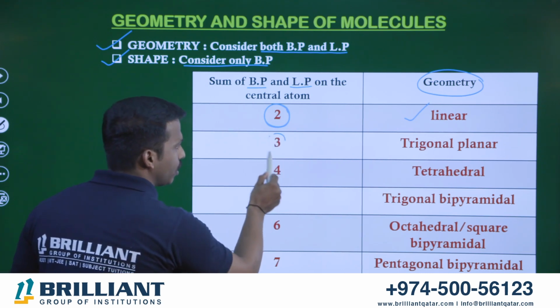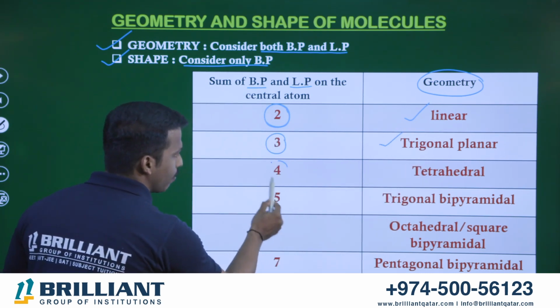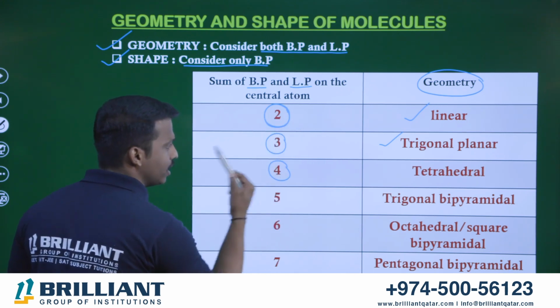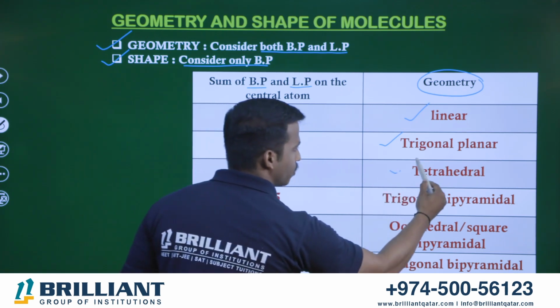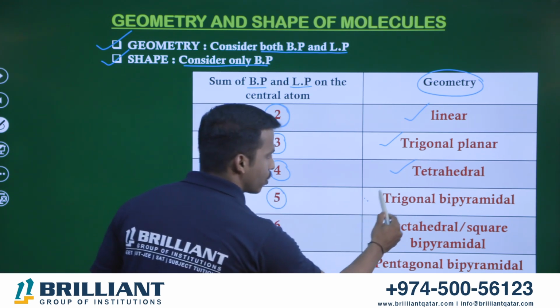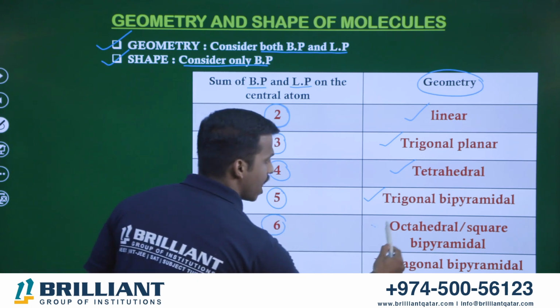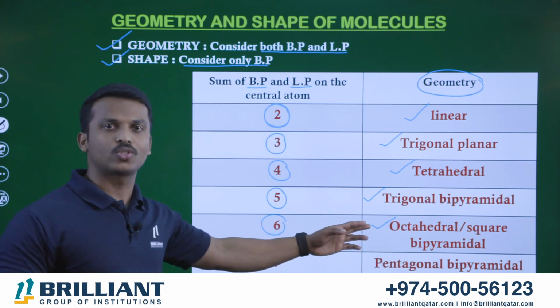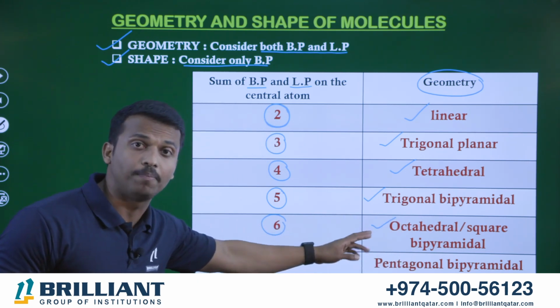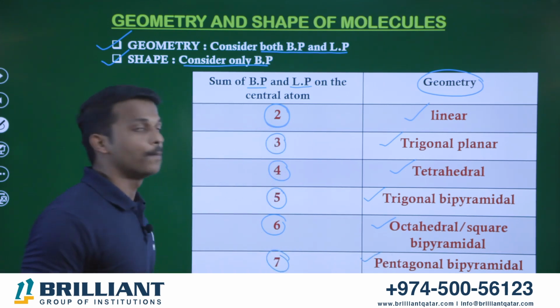If it is equal to 3, it is called trigonal planar. If the total sum of bond pair and lone pair is equal to 4, we call the geometry tetrahedral. If it is equal to 5, it's called trigonal bipyramidal. If it is equal to 6, octahedral. Octahedral is also known as square bipyramidal, and 7 is known as pentagonal bipyramidal.